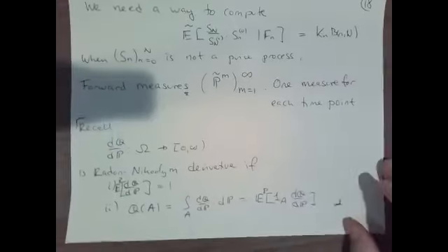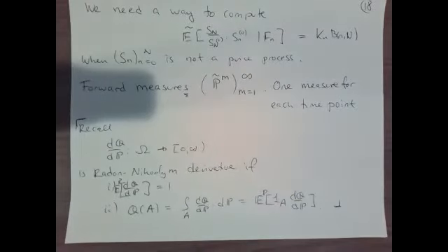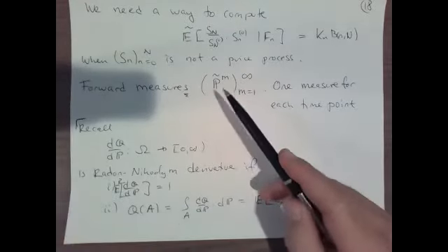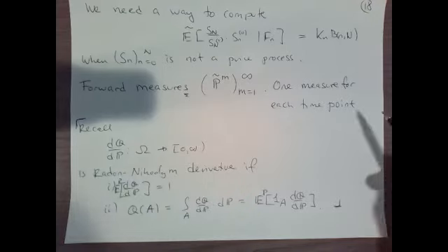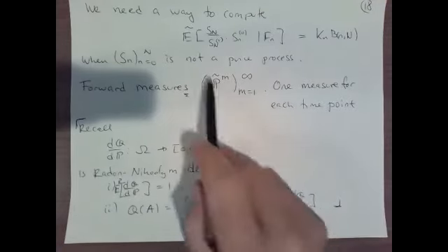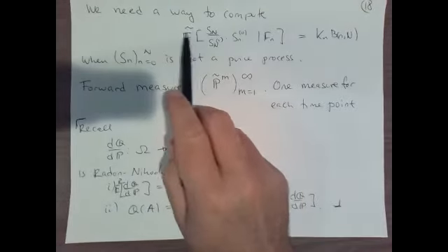So these forward measures that we're now going to introduce are going to be described in terms of their Radon-Nikodym derivative, with respect to this measure P tilde up here.